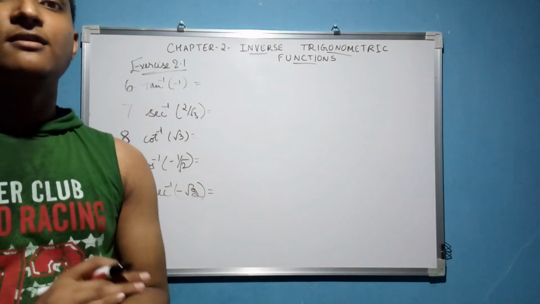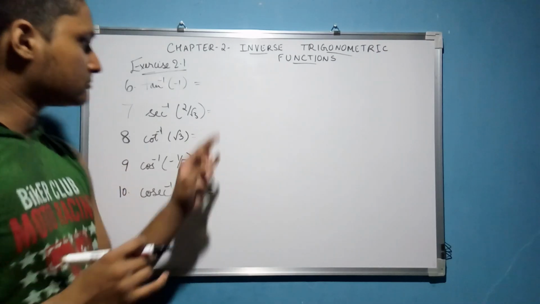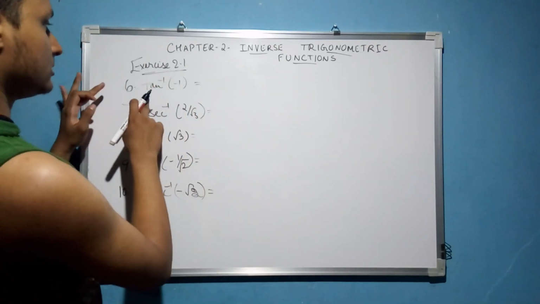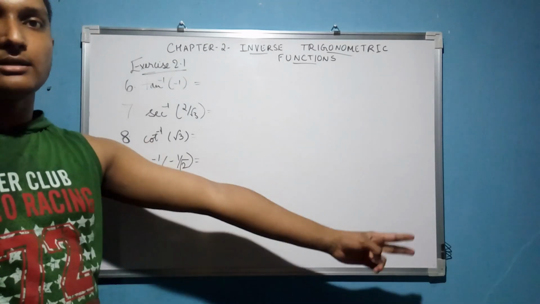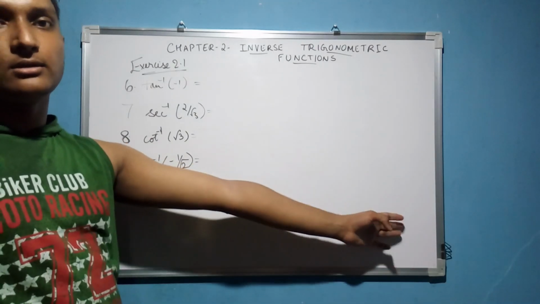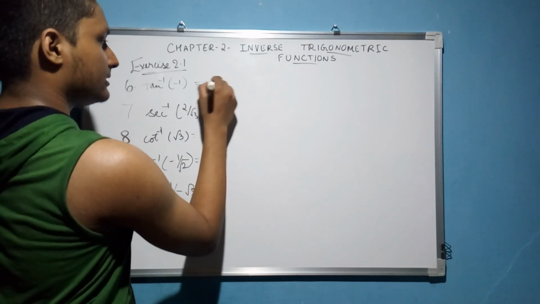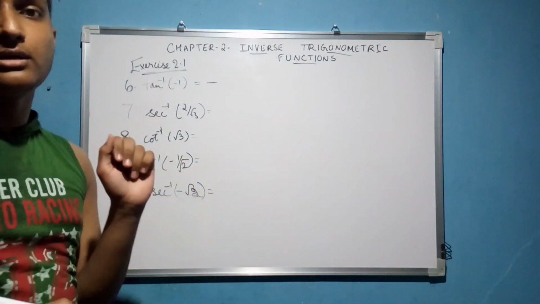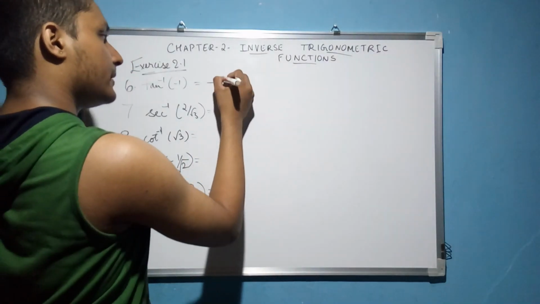Now we are going to do it without using the unit circle, directly just by using our ring. So tan inverse of minus 1, because it is negative, it's going to be the fourth quadrant, in the lower place. So first of all, you can write a negative, and tan of some angle theta should be 1, it should be pi by 4.